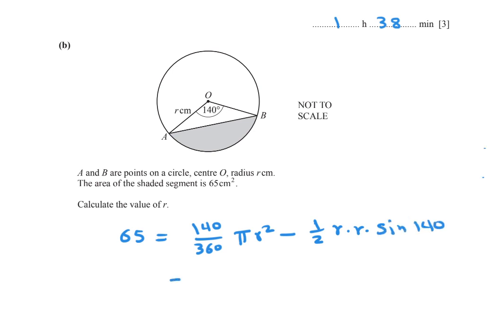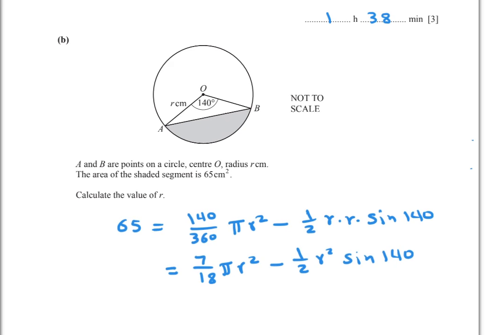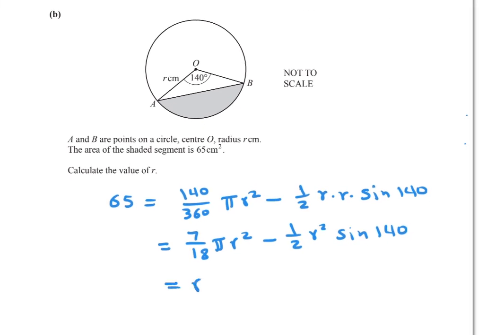And simplify more. 140/360 in the simplest form is 7/18, so 7/18 π R² minus half R² sine 140. We can take R² common, so 7/18 π minus half sine 140.